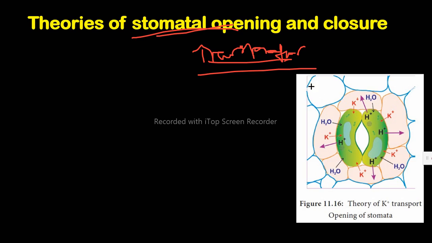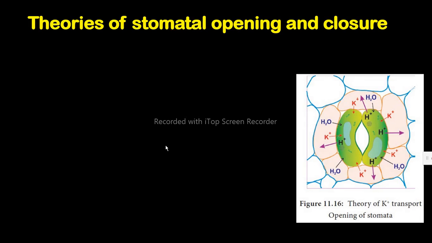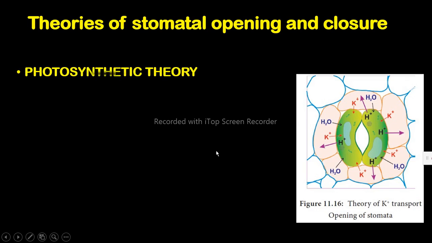So therefore you should be able to regulate the opening and closure of this stoma. And so there are theories which try to explain how the opening and closure of the stomata is regulated. And the first theory is the photosynthetic theory.